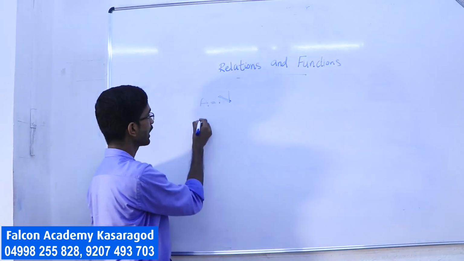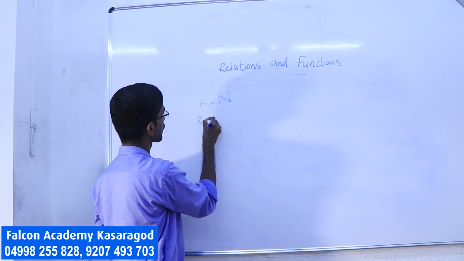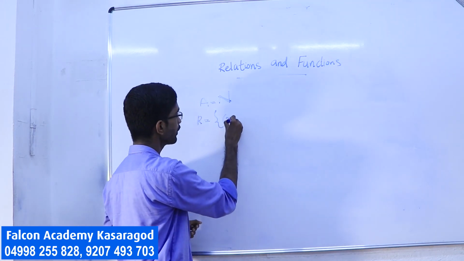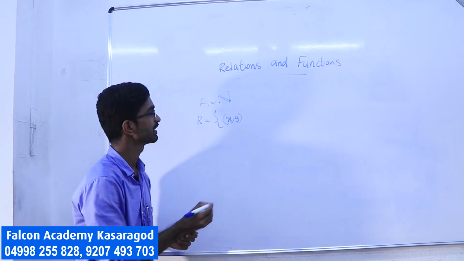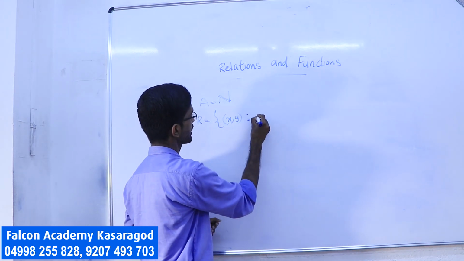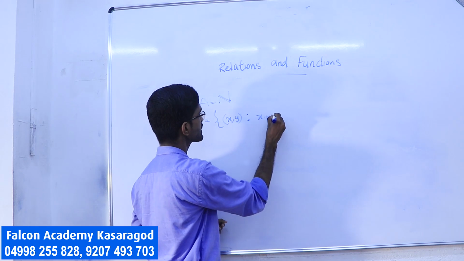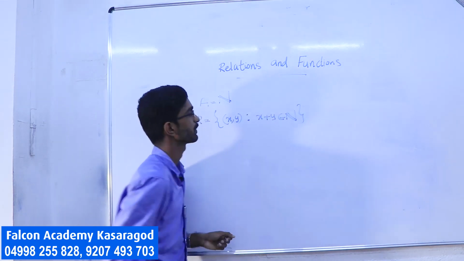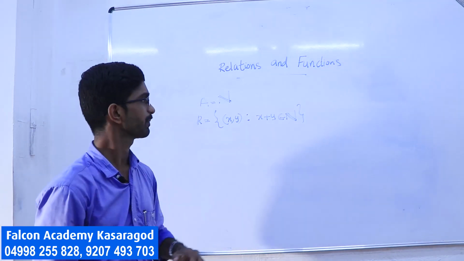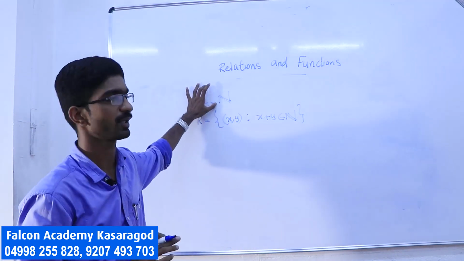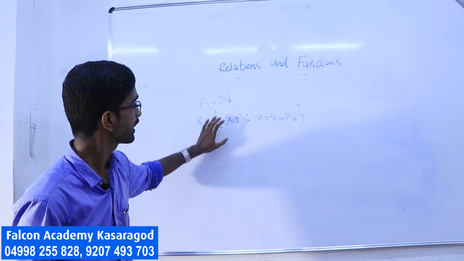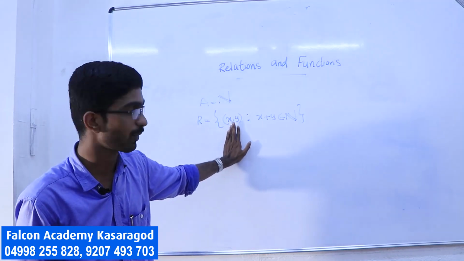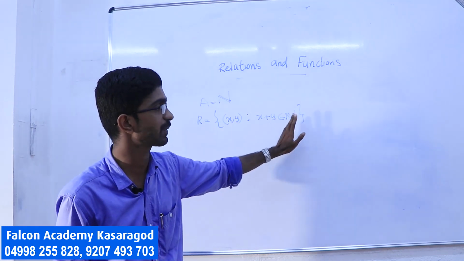Define the relation R as the set of all x, y such that x plus y must be a natural number. Very simple example. The set is the collection of natural numbers, that means 1, 2, 3, etc. And the relation R is the collection of the elements x comma y satisfying the condition x plus y is a natural number.